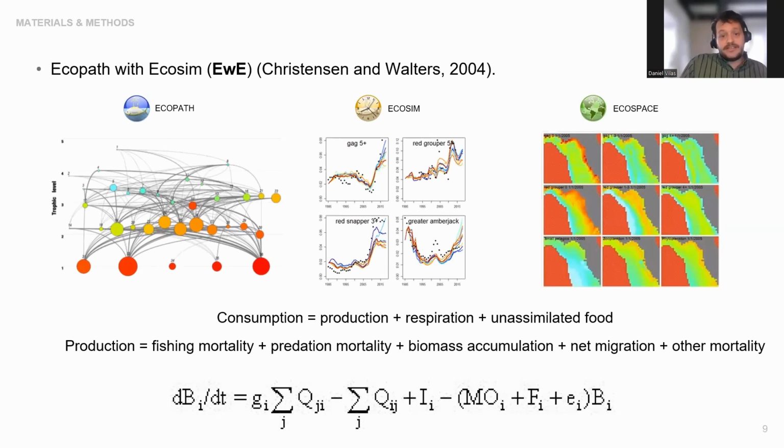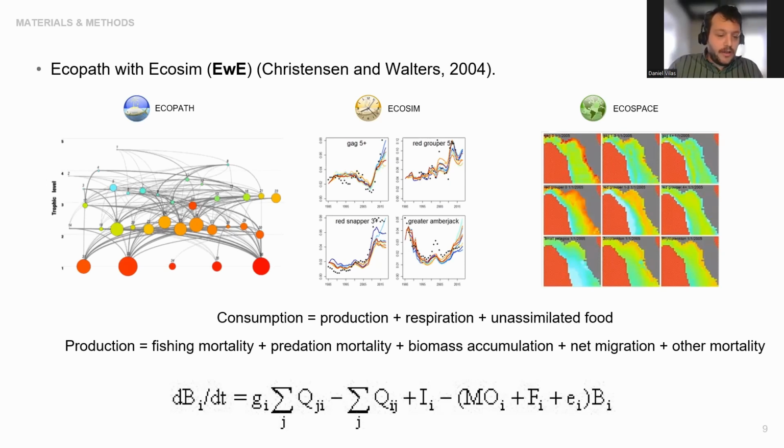Then we have the Ecosim, that is the dynamic version of the model in which we drive this model over time, projecting and fitting those observations, and getting through those differential equations on biomass that are represented here on the bottom.